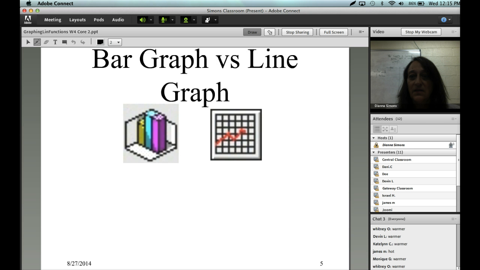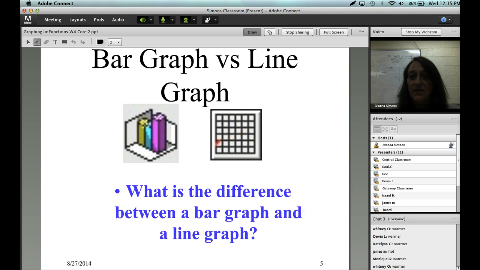So bar graph versus line graph. So what's the difference between a bar graph and a line graph? Anybody? Just what do you think it is?